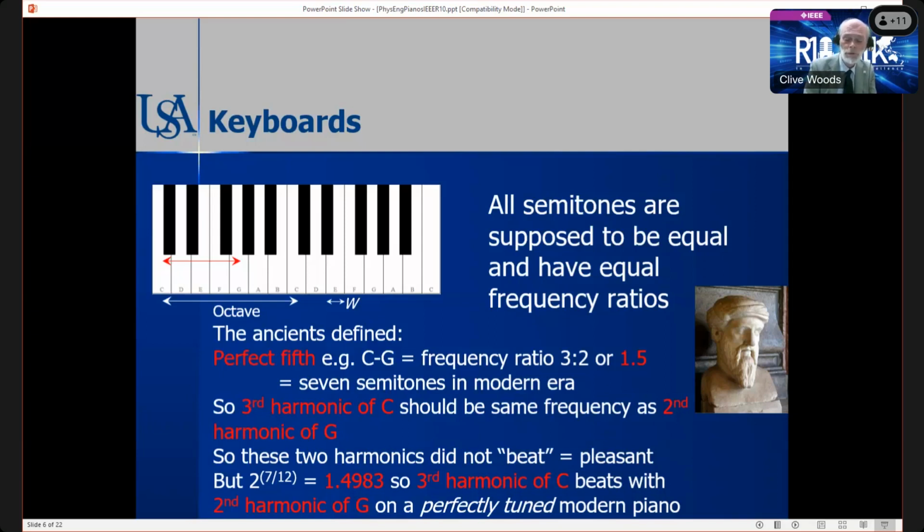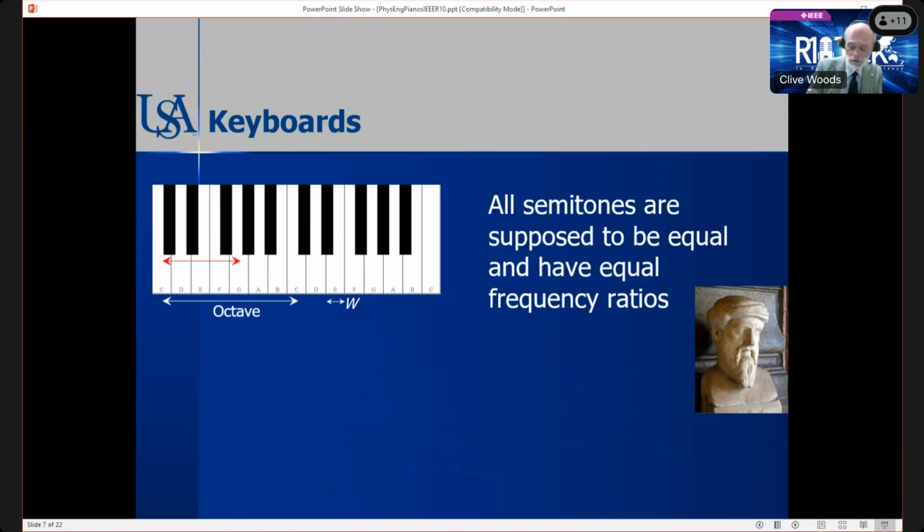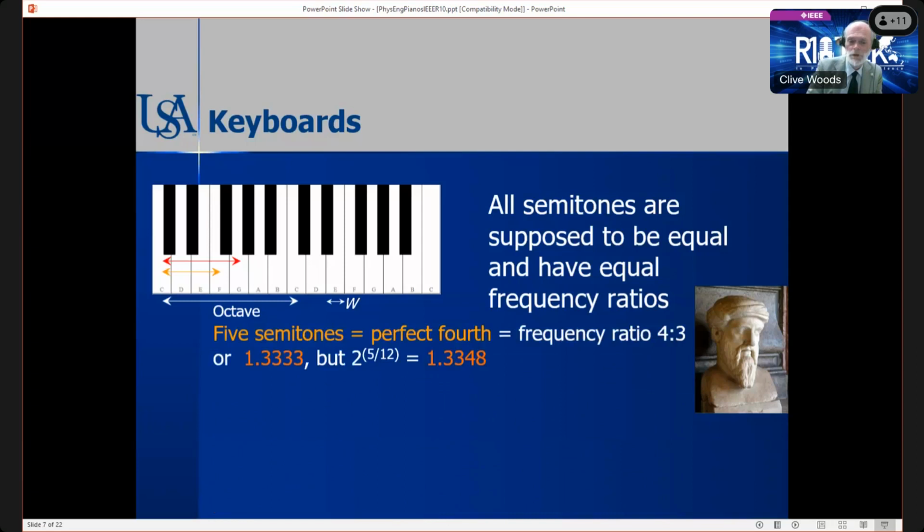But the problem with that was that other intervals were very inaccurate and sounded very out of tune. So around the time of Bach's day, it was realized that the way to do this was to accept that some of these perfect intervals would be a little bit out of tune, and it was acceptable.